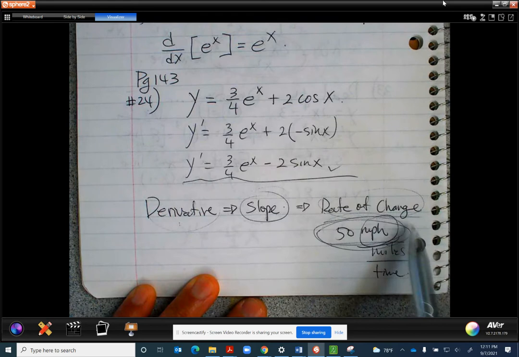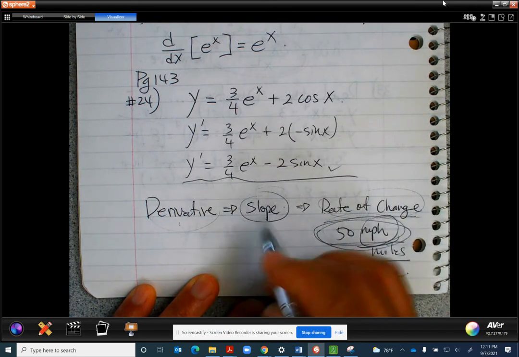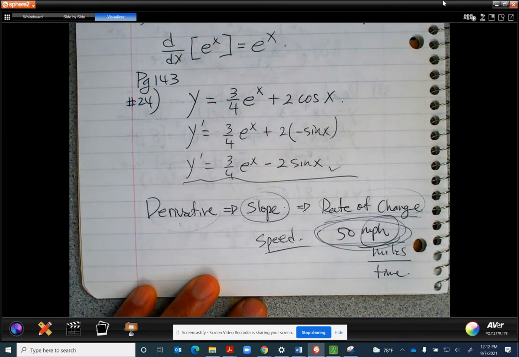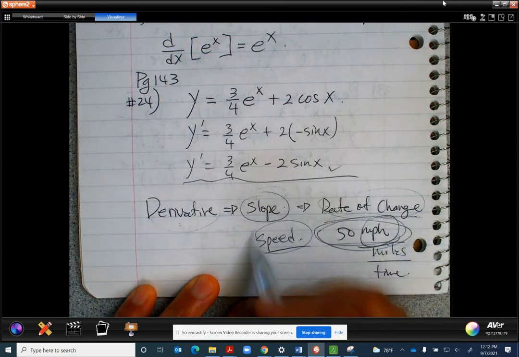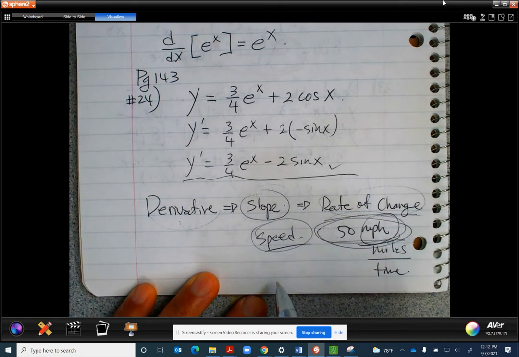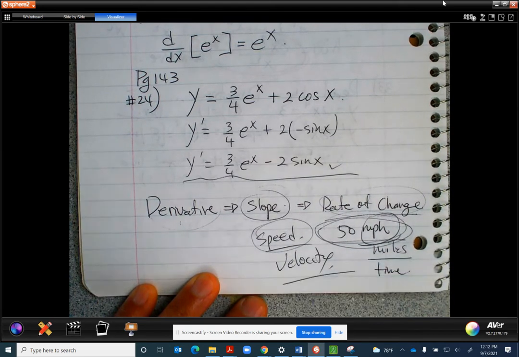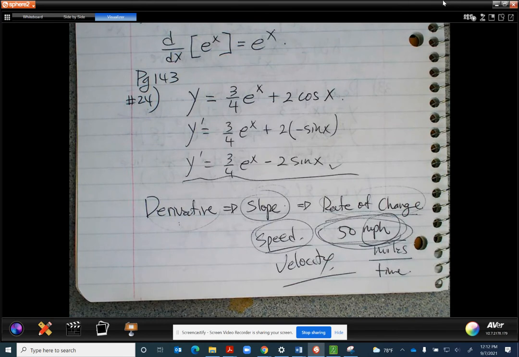But what do we call this in real life? We don't call it rate of change. We call it speed. Don't you? So speed is rate of change. But if you want to sound fancy, if you're taking physics, anybody taking physics? They don't call it a speed. They call it a fancy name of velocity. Don't they? Doesn't velocity tell you which direction you're moving?